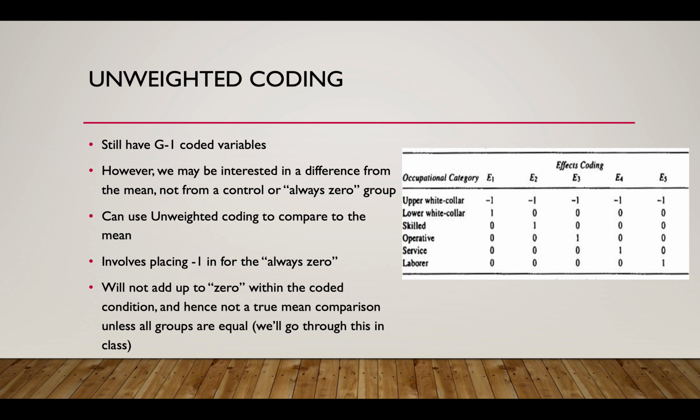Also, in the unweighted condition, each one of the predictors that you enter, E1, E2, E3, E4, E5, wind up becoming the relative difference of this group to the average within. This is an unweighted average, right?